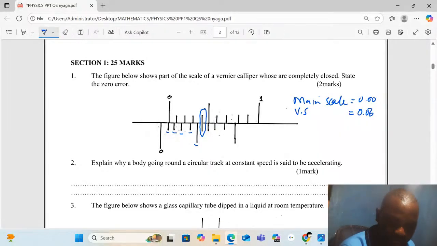And the moment you multiply with the least count, it becomes 0.06.